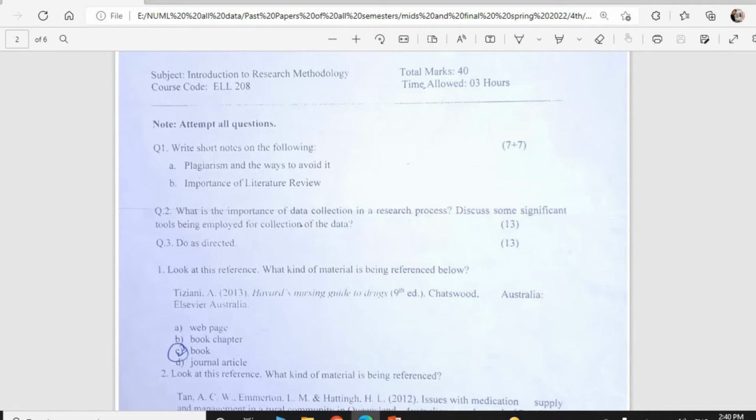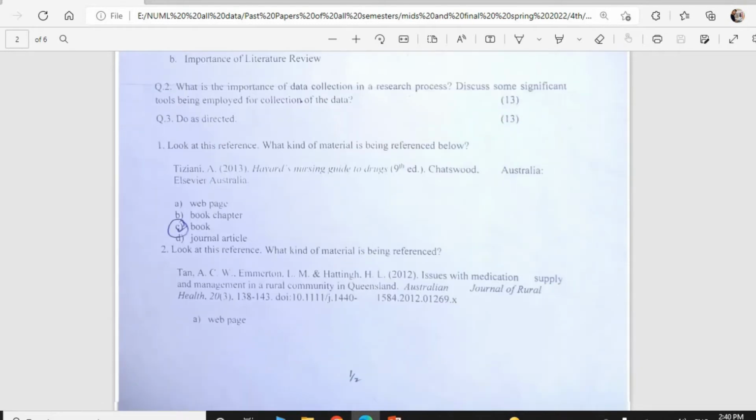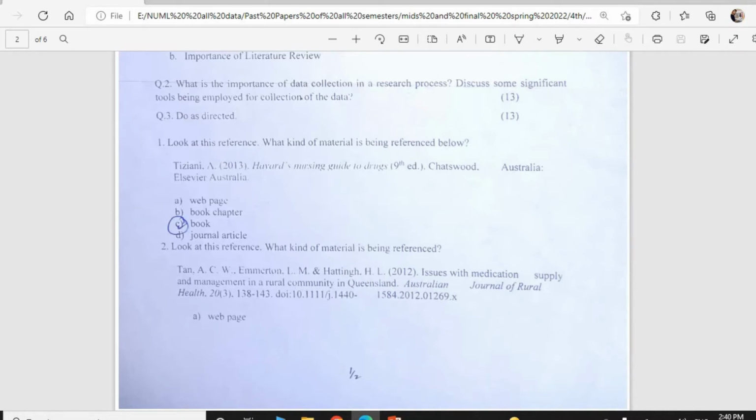Question number 3: do as directed. So these are MCQs. The first one is: look at the reference, what kind of material is being referred to below? I might be wrong in some of the questions, so you have to choose the correct one.